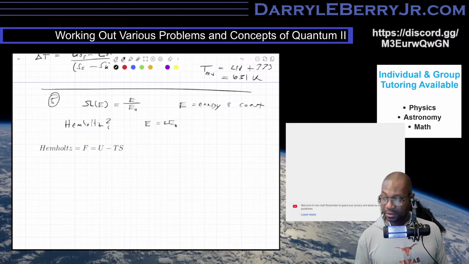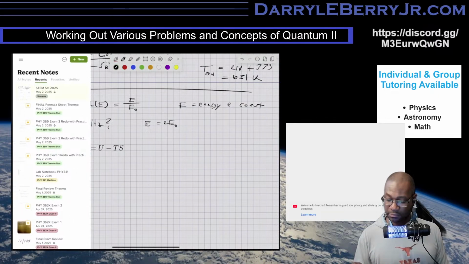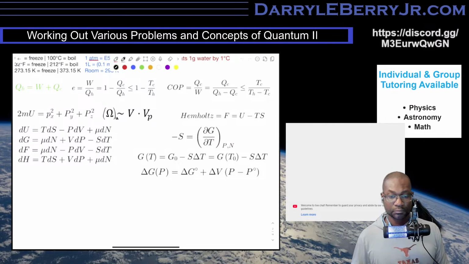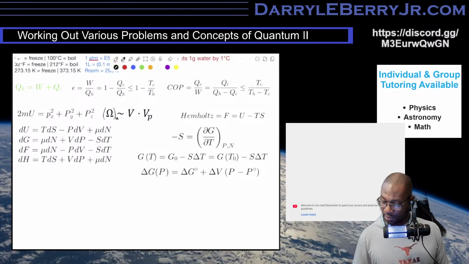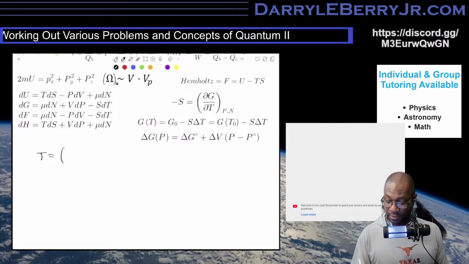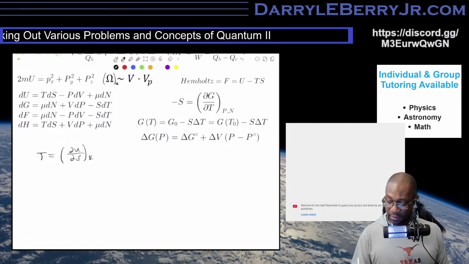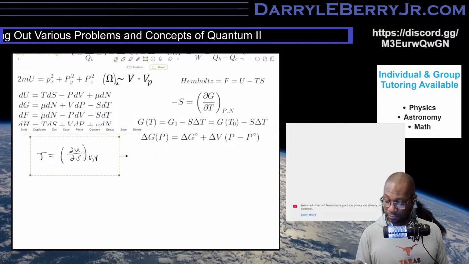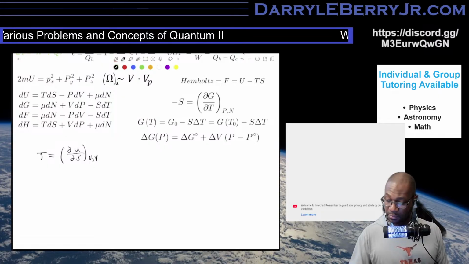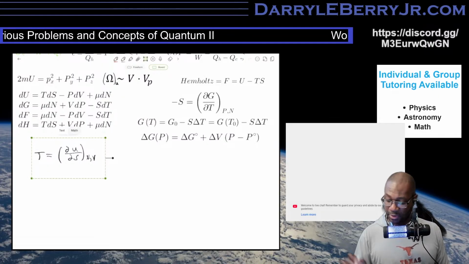So we can actually get the temperature with T equals partial U over partial S in V. And let me see if I can get this to convert properly without having to edit it.